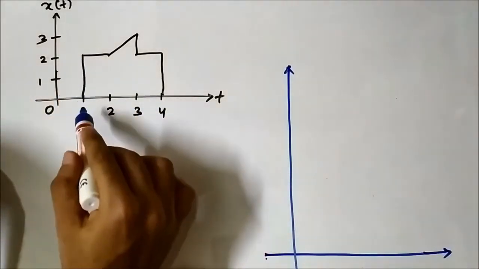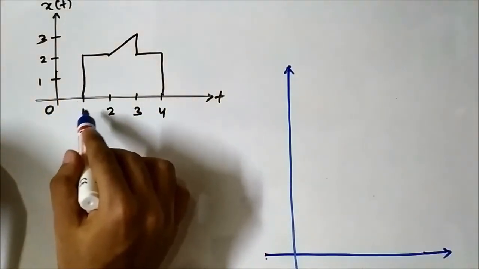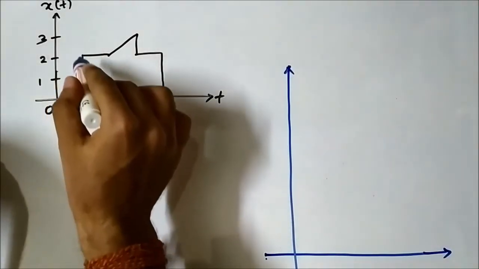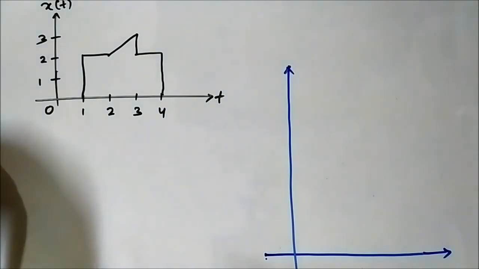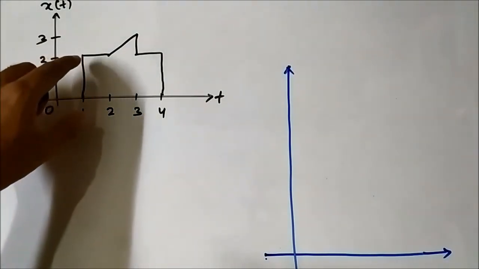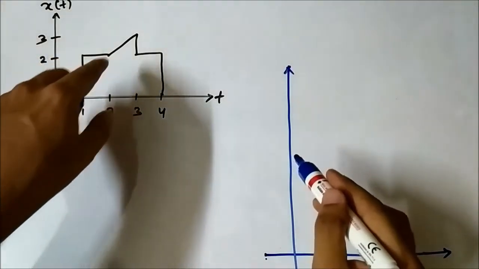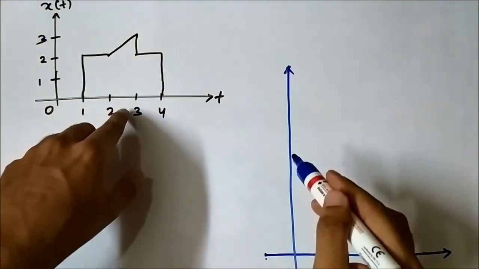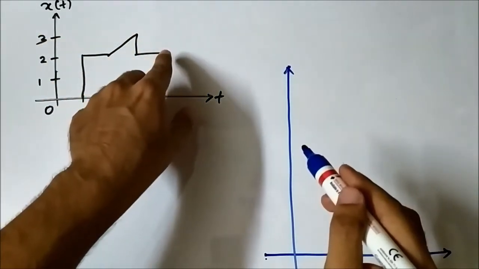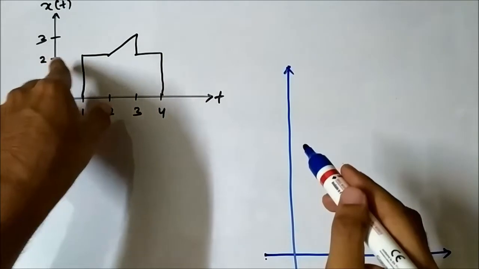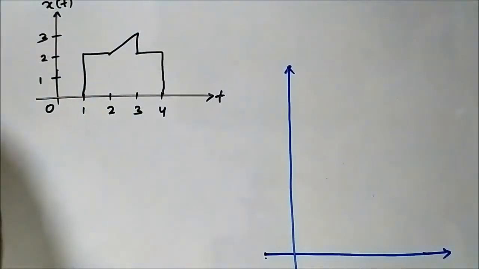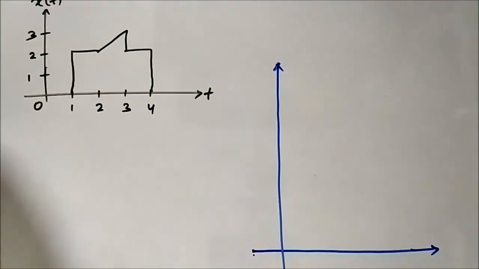At each of these points, at t equals 1, 2, 3 and 4, the respective amplitude will be multiplied by 2. At t equals 1, its amplitude is 2, so it will become 4. At t equals 3, its amplitude is 3, so it will become 6. Again at t equals 4, it is dropping from 2 to 0, it will become from 4 to 0.